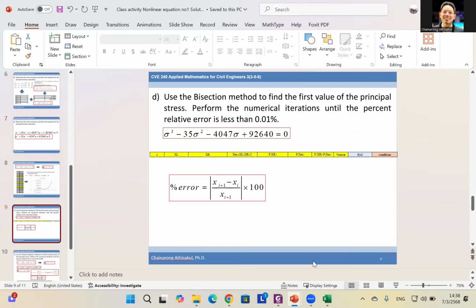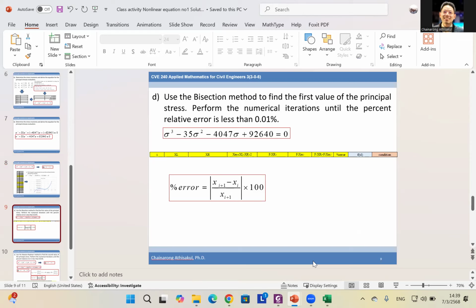But actually, if you have a computer, you can finish it in class, because we will try to finish it in class. So we're starting with the bracketing method, with the first value of the principal stress.